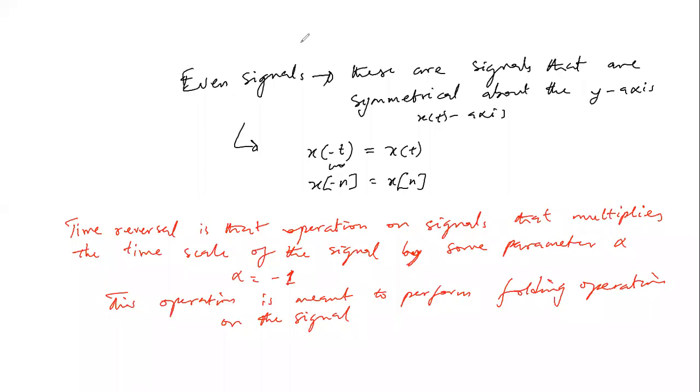So let's assume we have a signal at the input to a system. Now we want to perform time reversal, so alpha is the same as -1.